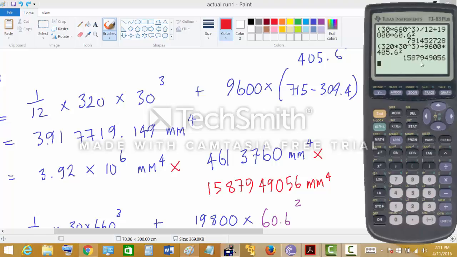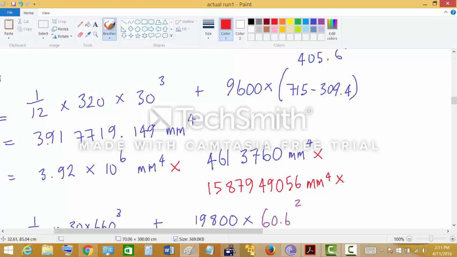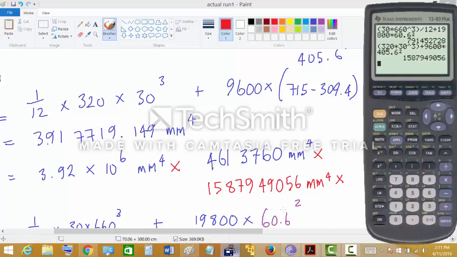That's why. Oh God. It's wrong again. Do it again, one more time. Right. Forgot to divide by 12. 30. Erased.